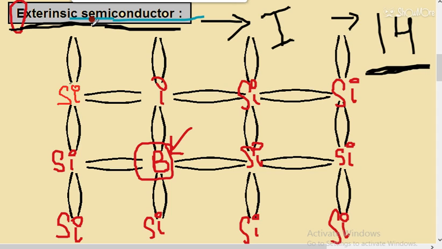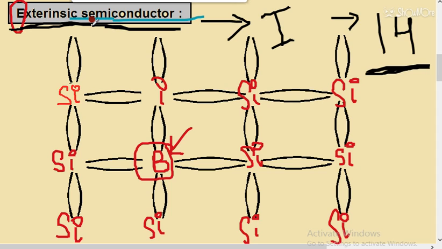And which type of impurity can we add here? We can add two types of impurity here. One is group number 13 and one is group number 15. I will discuss them in detail.